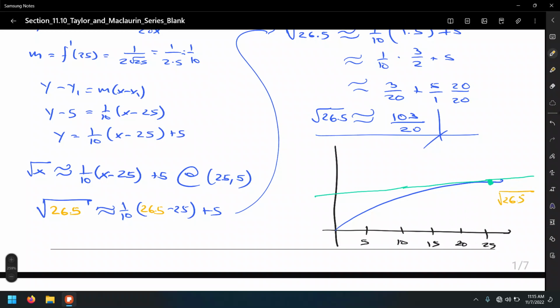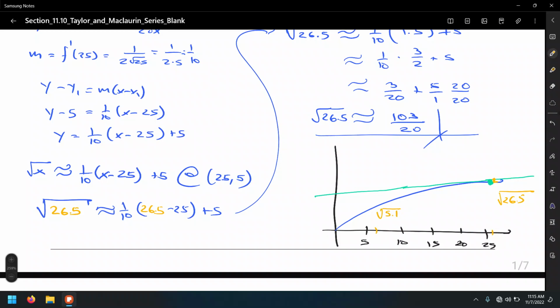In this case, this linear approximation is okay to evaluate that value, because the difference between the actual value and the approximated value is not that big. However, the question is, can I use this linear approximation to evaluate, say, the square root of 5.1?